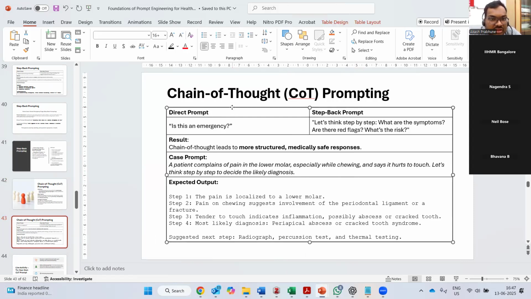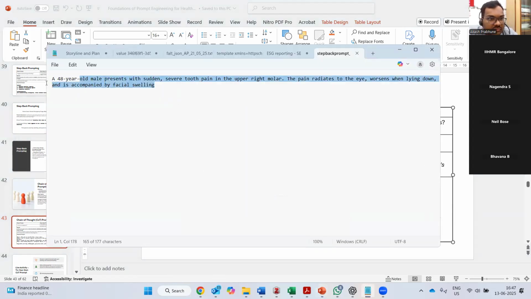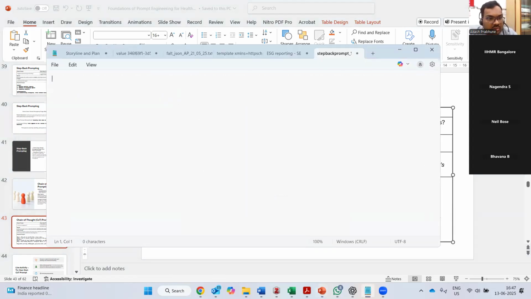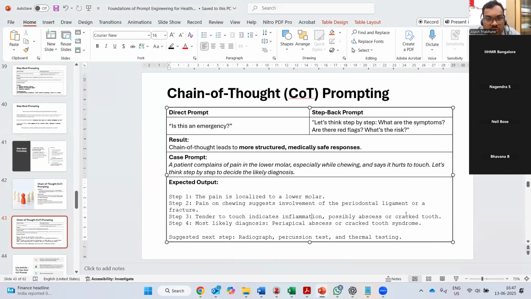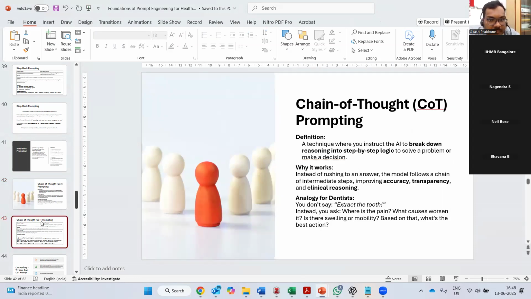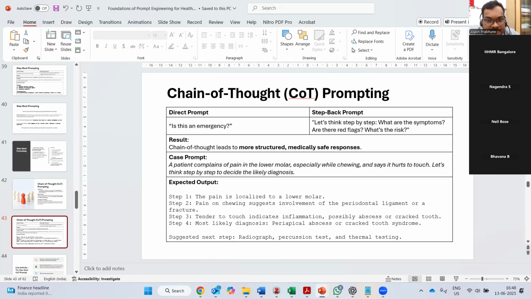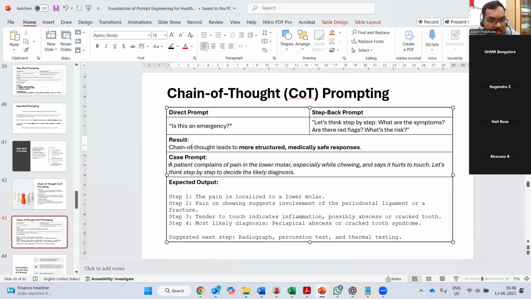I'll do one thing. I'll share this entire table. Hopefully it works. This is what was a case meantime.